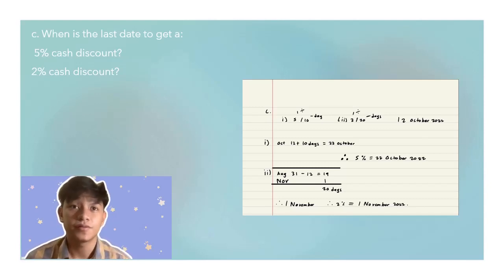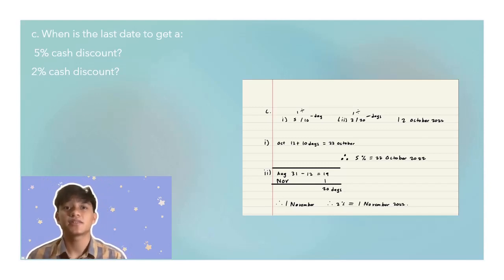Okay, for the first one, 5% cash discount. The last date of the 5% cash discount is, we add the date given in the question, 12 October, plus the 10 days.